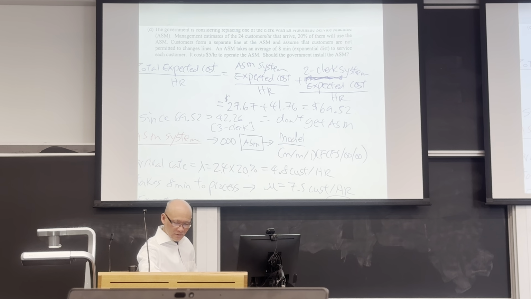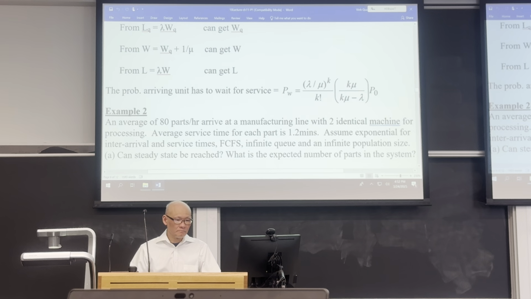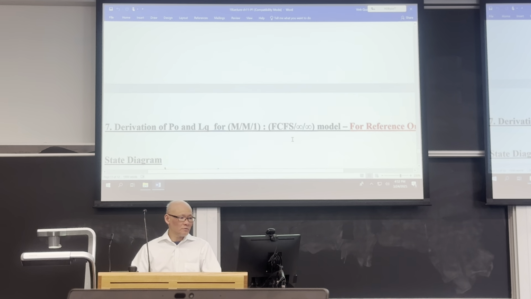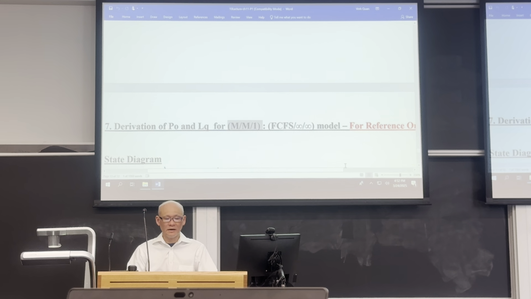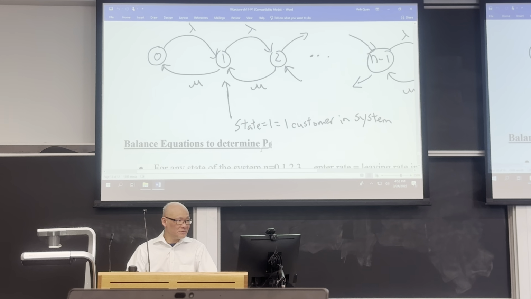Okay, so let me just walk you through the derivation of the MM1 model here. We're going to derive some of the formulas for a basic one server model. So that's the easiest one to do. So we begin drawing some so-called state diagrams.